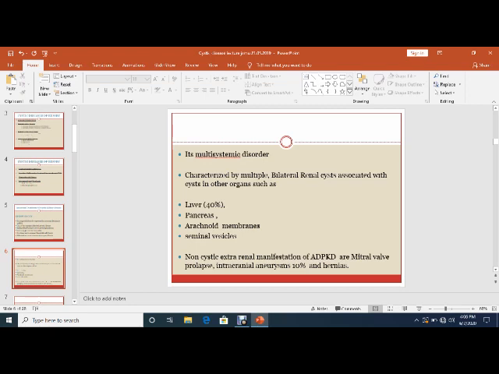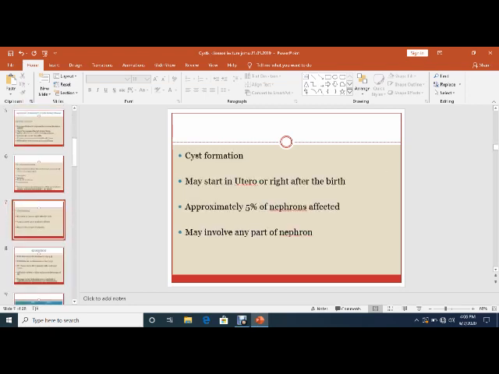So the patient sometimes can present with a stroke and CVA, and hernias, abdominal hernias. This cyst formation may start in the intrauterine life or just after birth. 5% of the nephrons are affected, or it may involve any part of the nephron.